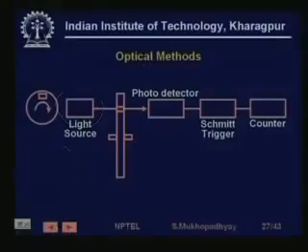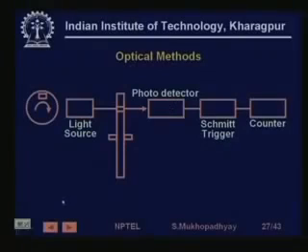So every time a light pulse falls on the photo device, you get an electrical pulse. This pulse can be processed by various electronic circuits, such as Schmitt triggers and counters, and then you can count how many pulses you are getting per second. From there you can easily deduce how many revolutions per minute is the rotational speed of the motor. This is a very simple optical method.